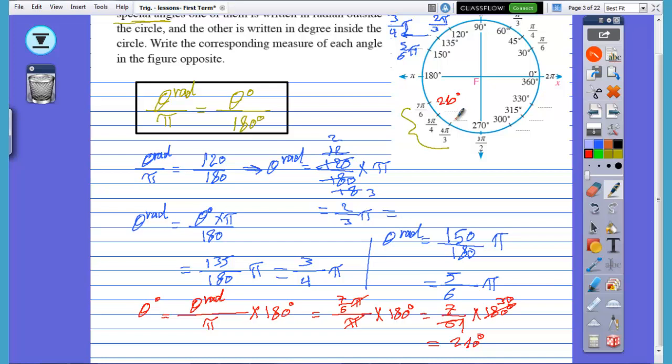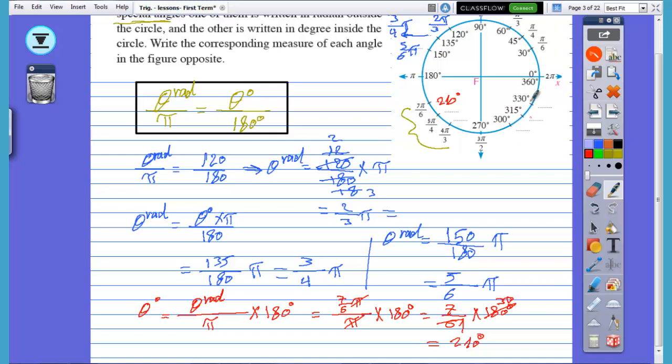And it is lying in the third quadrant, included between 180 and 270. The same with respect to 5 pi over 4 and 4 pi over 3, and the same rule we will use here.